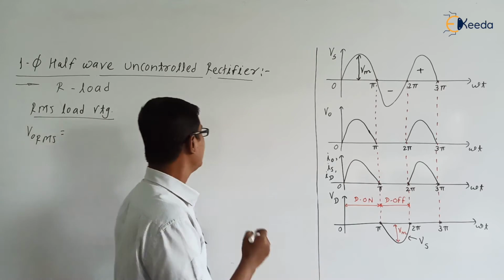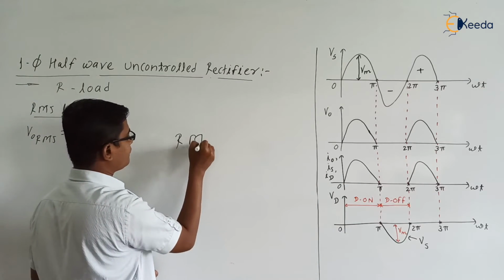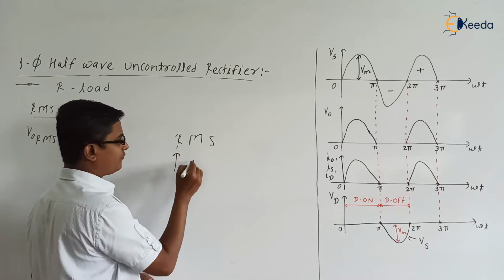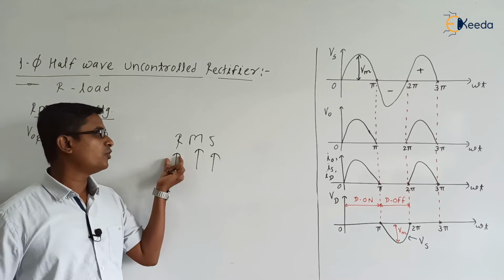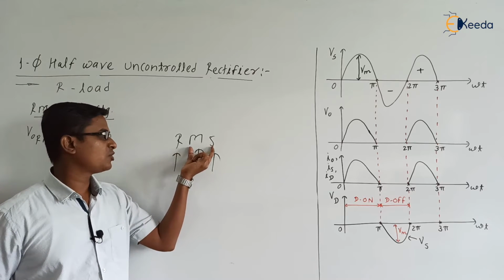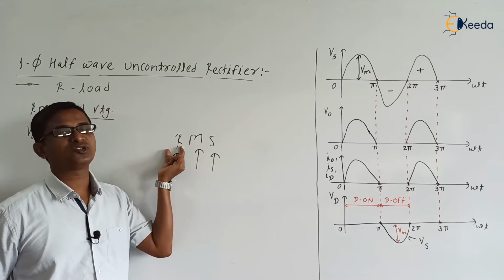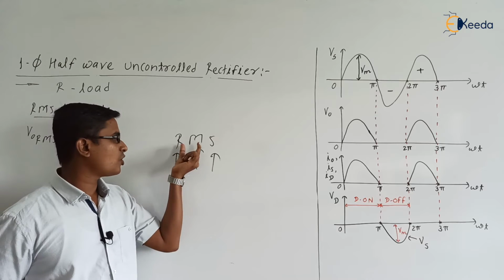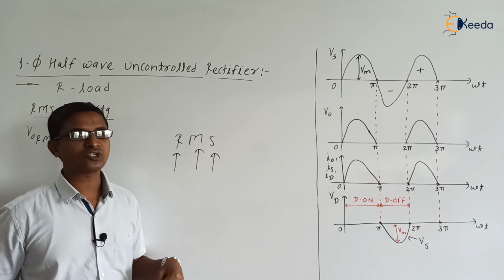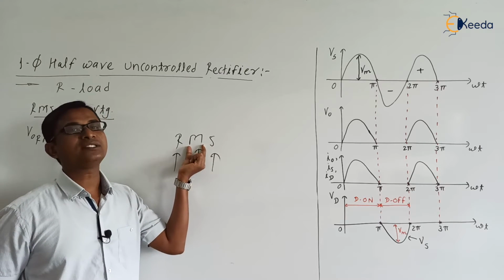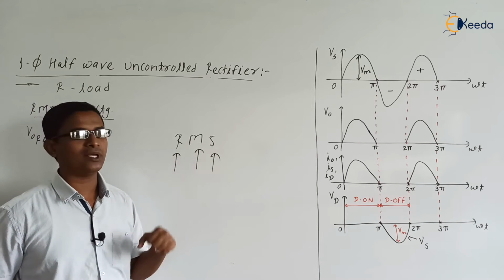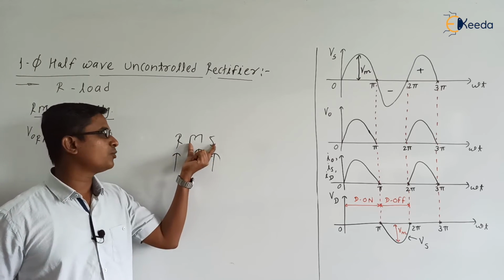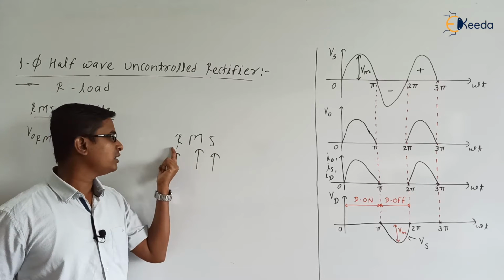RMS is nothing but the square root of the mean of squared values. So we need to put this term into a square root. First of all we need to take the mean, that is the average, of the squared values, and after that we put this average in the square root.